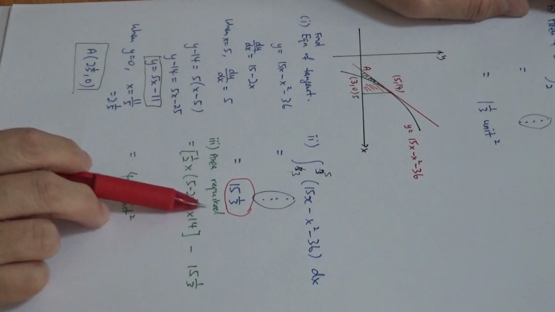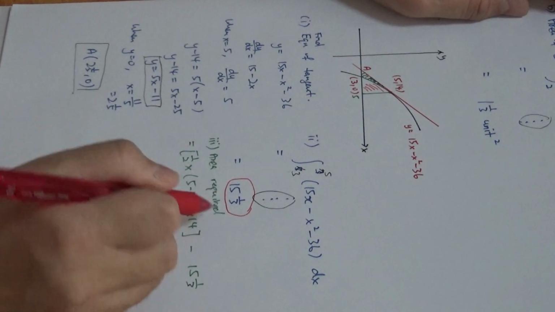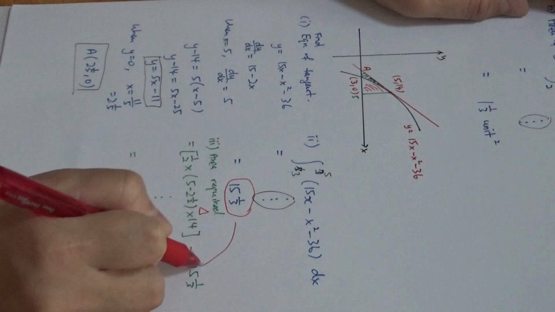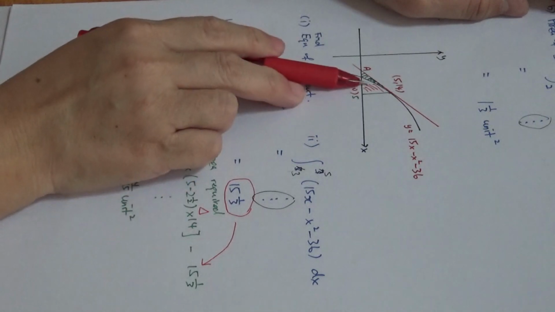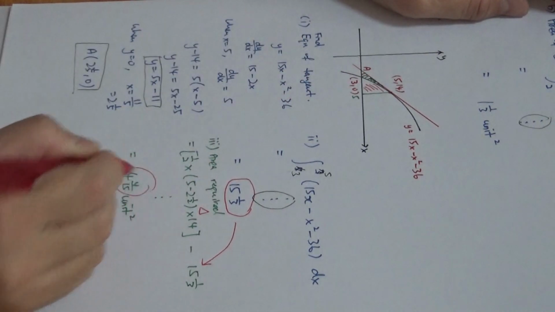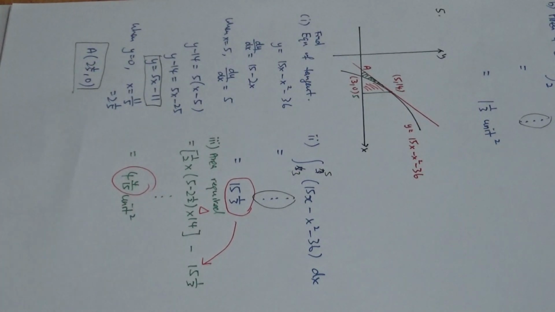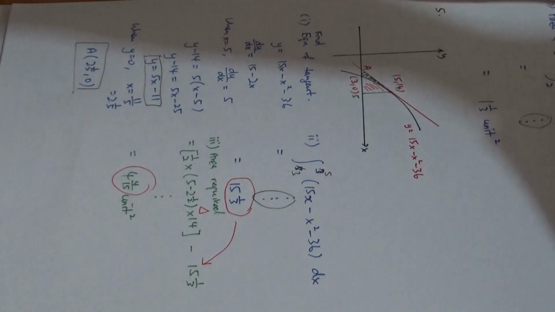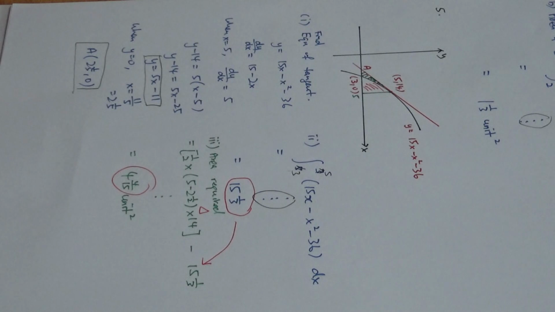So the area required will be the triangle area minus whatever we have found here, because this is the area that is shaded here. It will leave you with the green area. So when you minus off, you will get 4/15 unit square. Alright, so this will be the answer to your question number 5.